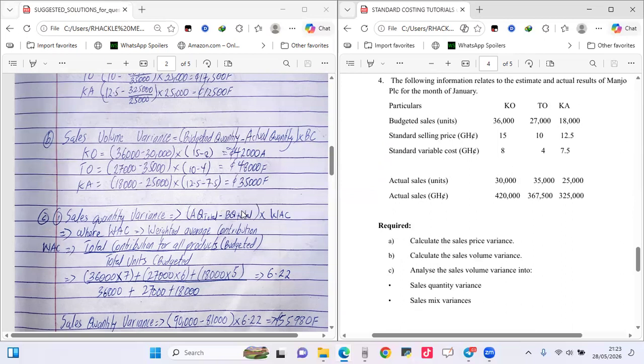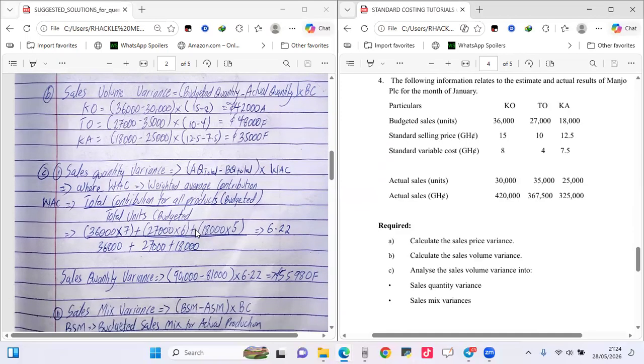Now, the quantity variance looks a bit complicated because we have to find the weighted average contribution to do that. So let's look at the sales quantity variance formula first. The sales quantity variance is the actual total quantity they sold minus the budgeted total quantity, multiplied by the weighted average contribution.